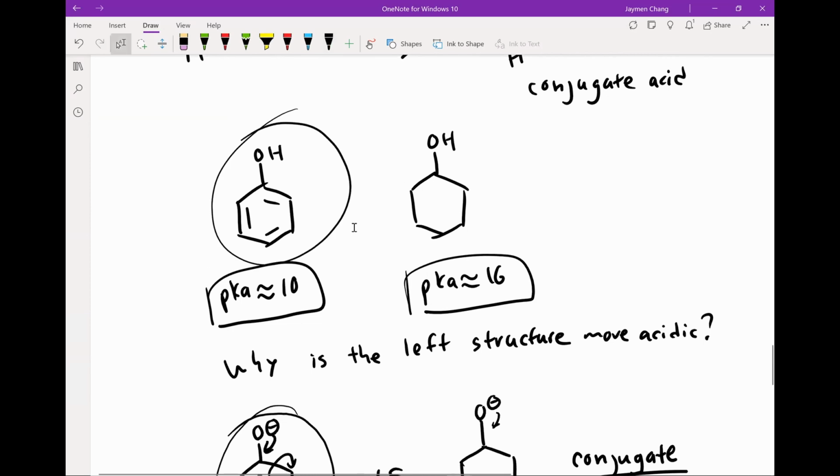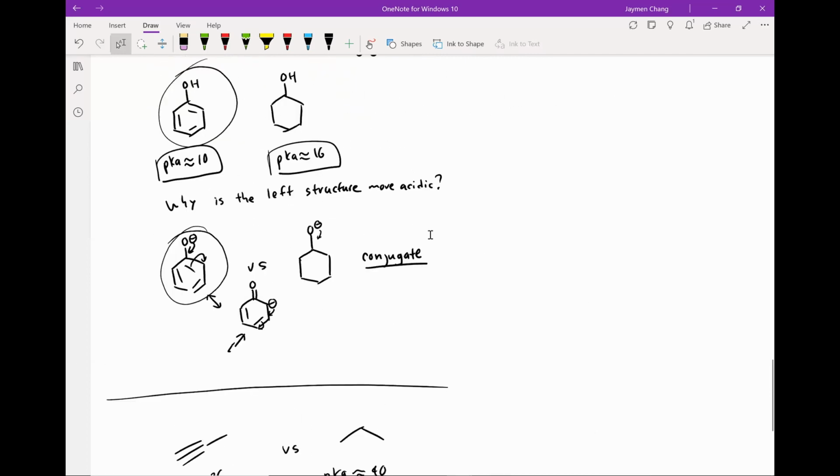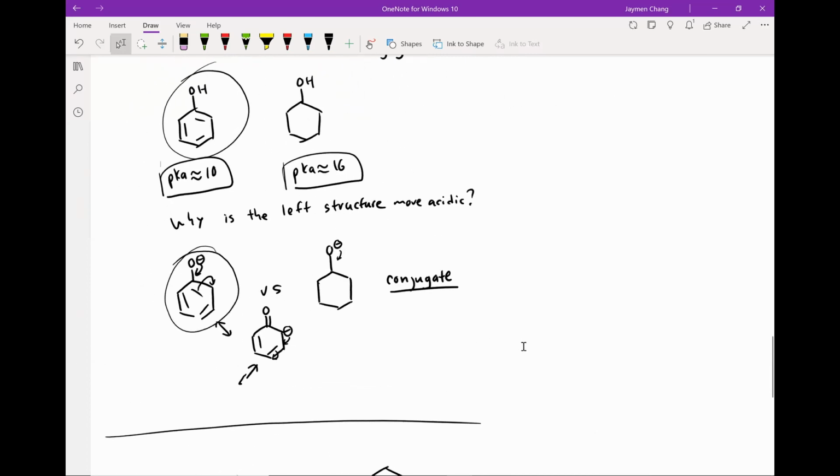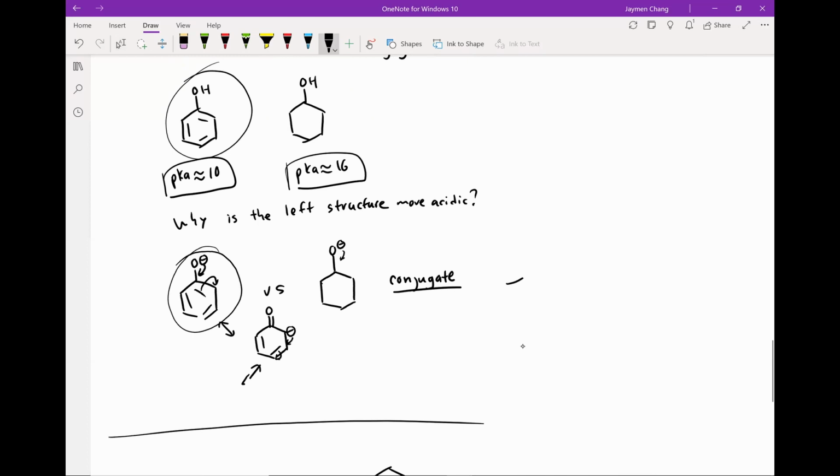The reason why is, if you think about it, in chemistry everything wants to be stable. So if we draw out this right one, this is going to be the energy difference, which is going to be more stable. So we can see that this is going to be our phenol.